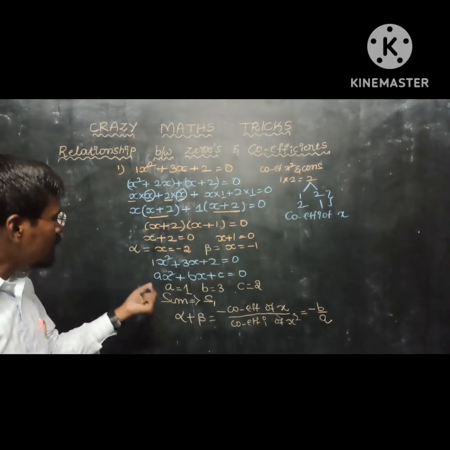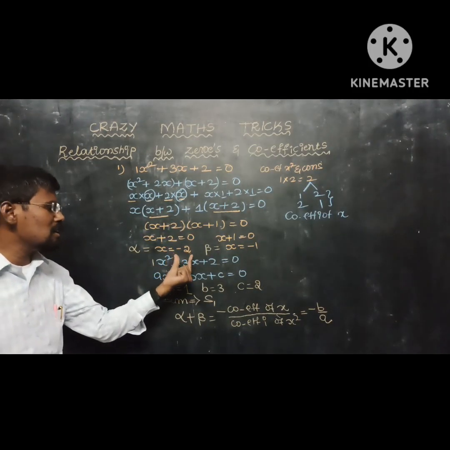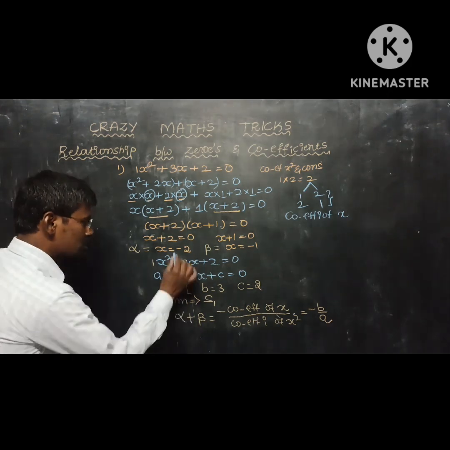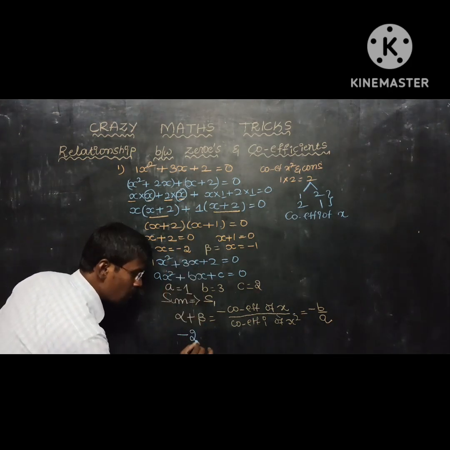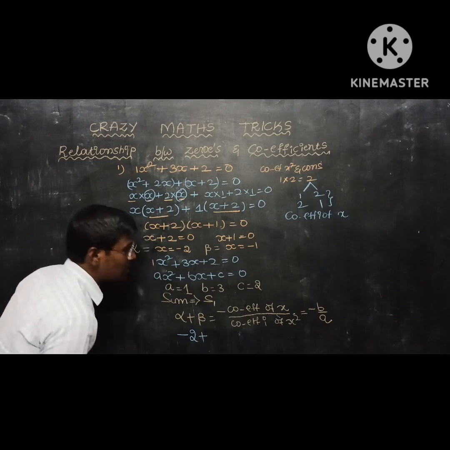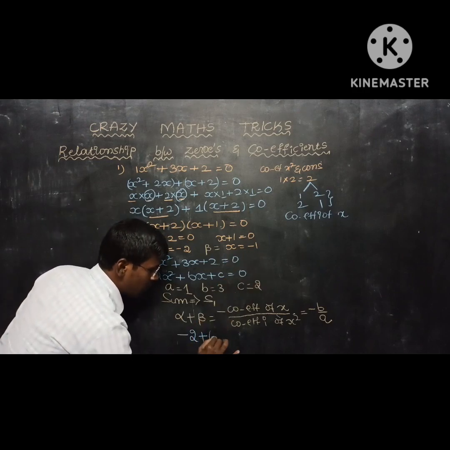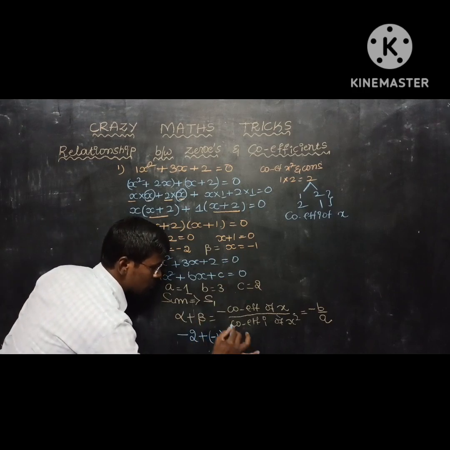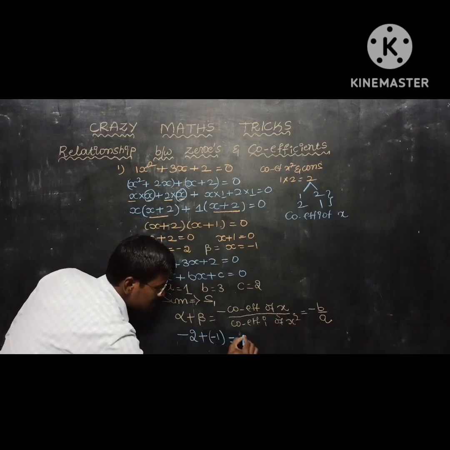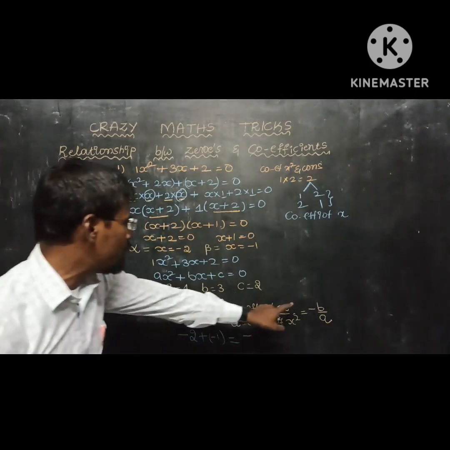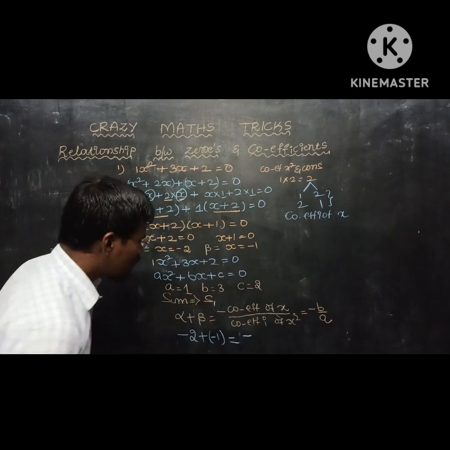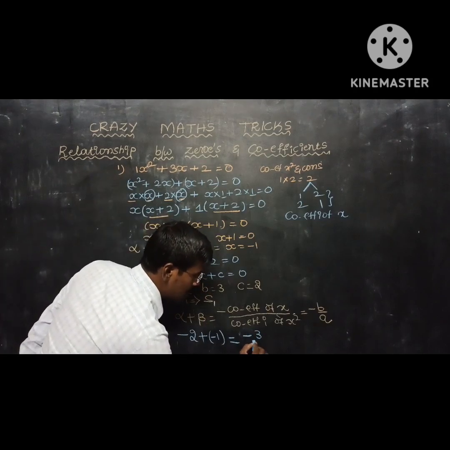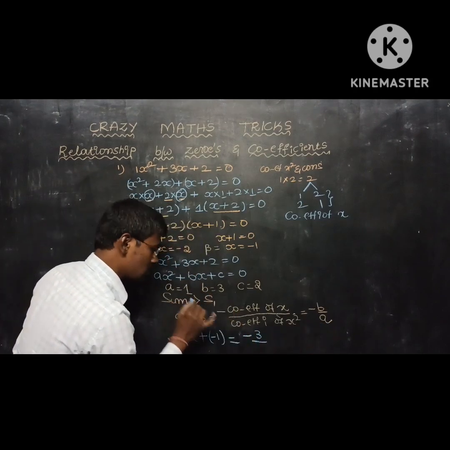Now, what is the alpha we got here? Alpha we got minus 2 plus the beta value we got here, minus 1, equals minus. What is the value of b according to our polynomial? We got the b value 3 by a value 1.